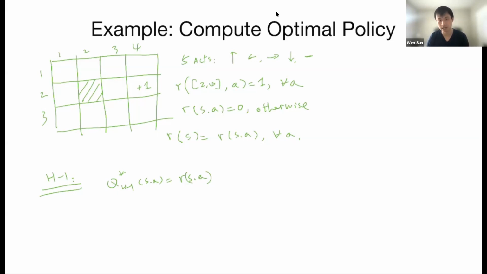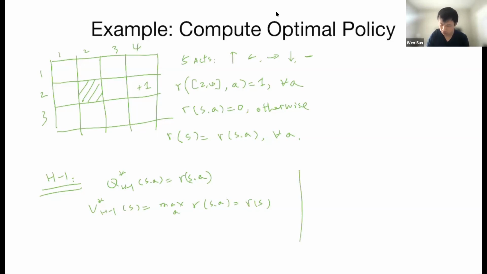If you take this action, you terminate the episode, and this one-step immediate reward is your total future outcome. Now, by definition of V star, it is the max over A of R(S, A), which by our assumption here is just R(S), because the reward has nothing to do with the action. No matter what action you take at this state, they're the same.